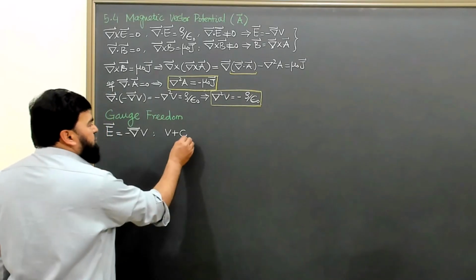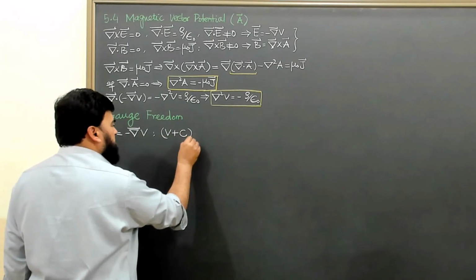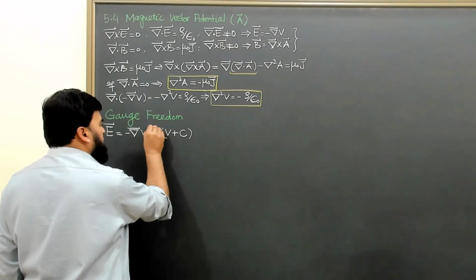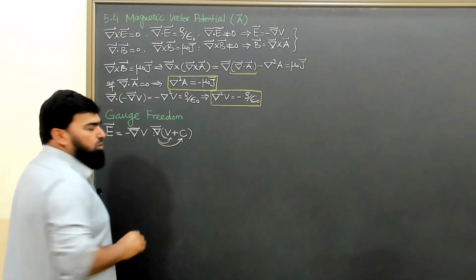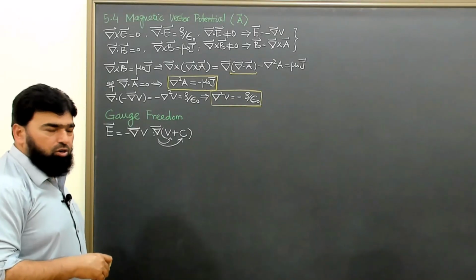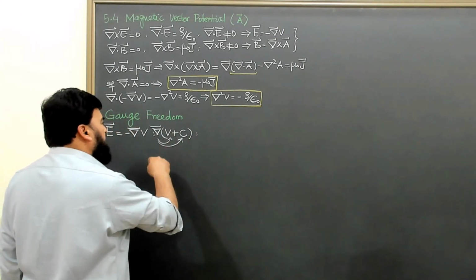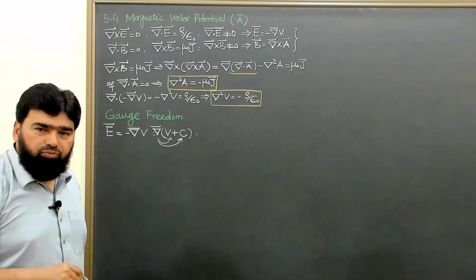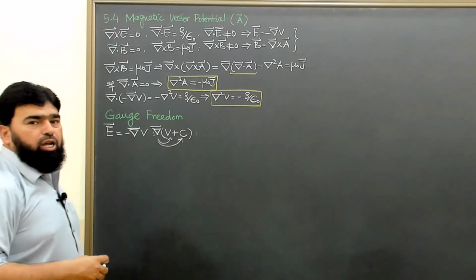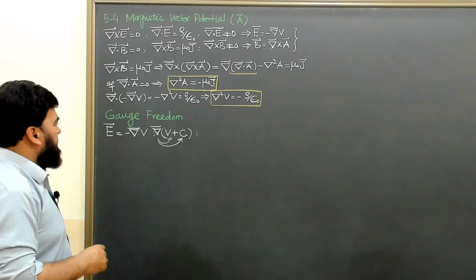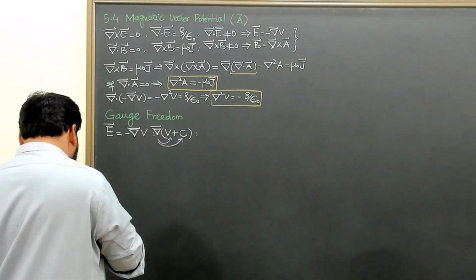So if I raise this with C and I apply del on this value, then it will become del V, but del C will come out to be equal to 0, because it's a constant, it's not varying. And this act is called a gauge freedom, that we have a freedom to shift this potential to another value.